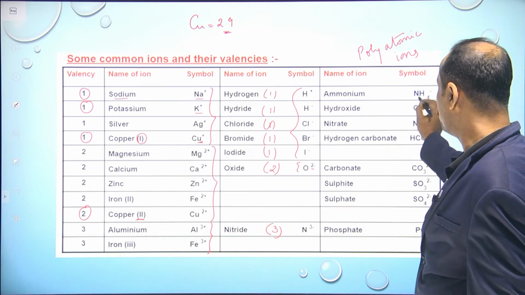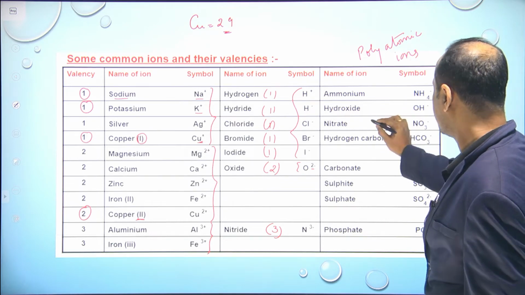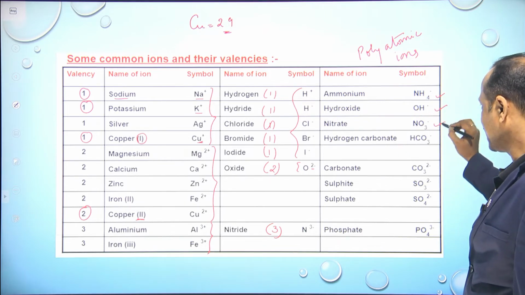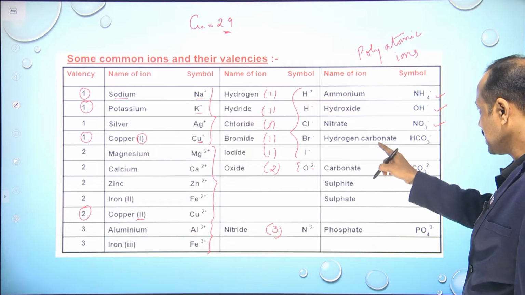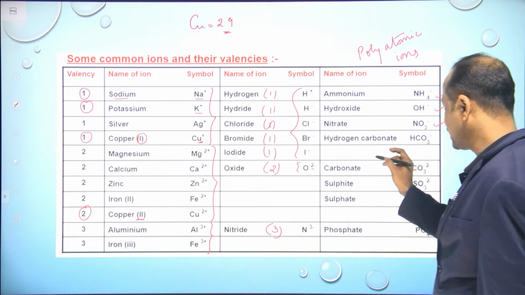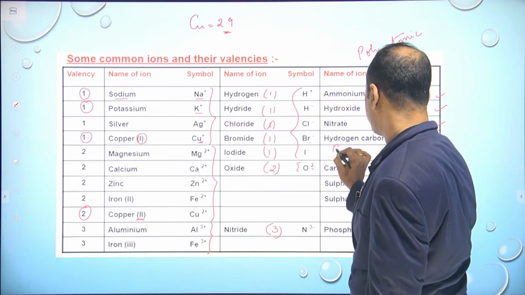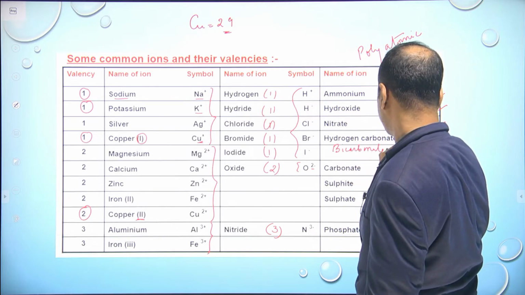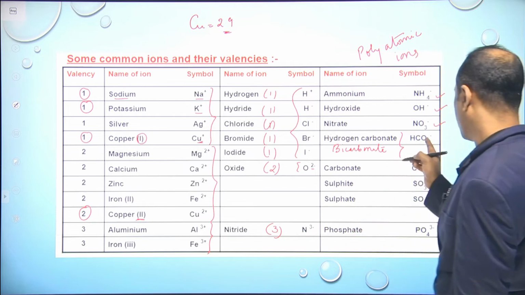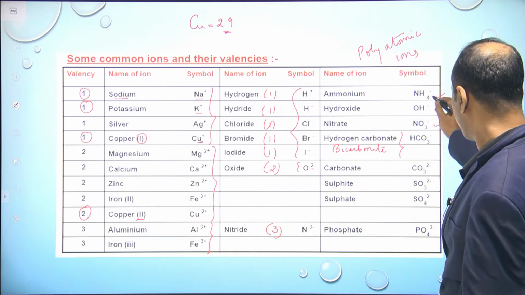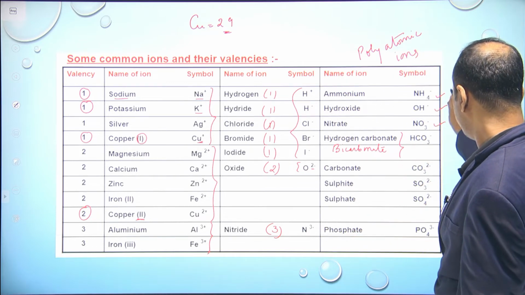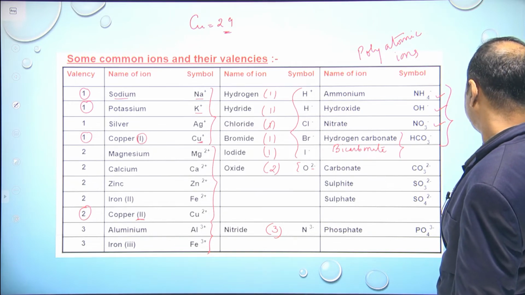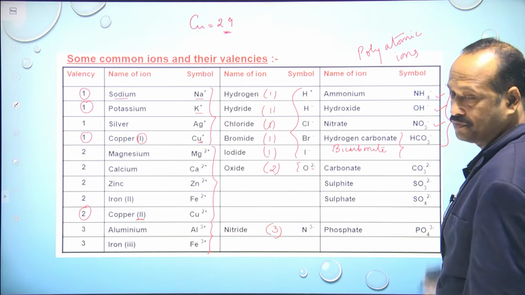This is hydroxide, OH minus. NO3 nitrate. This is hydrogen carbonate, HCO3, also called bicarbonate. Bicarbonate is also HCO3, and only 1 minus is there, so these also have valency 1. Clear?